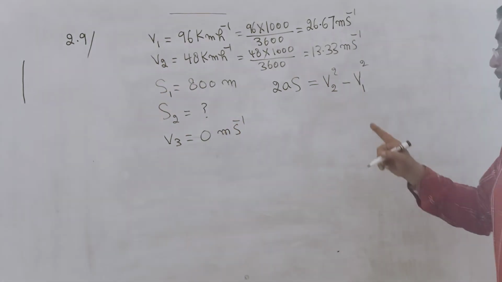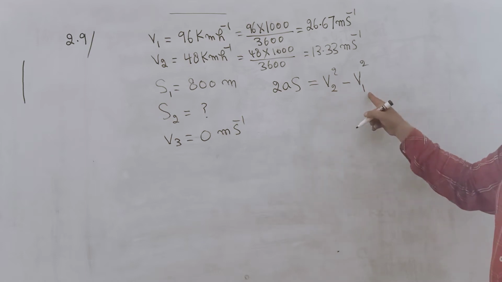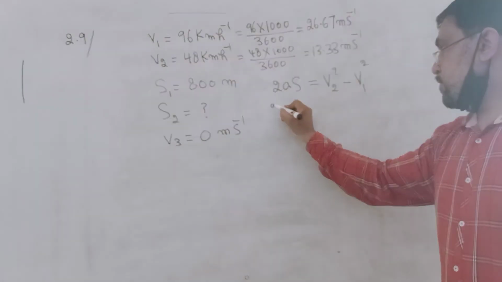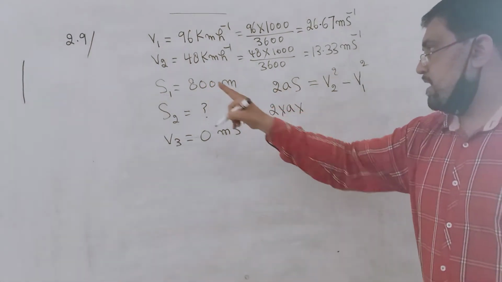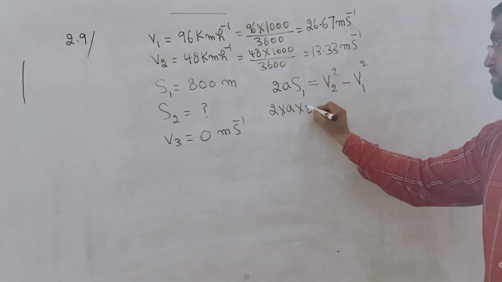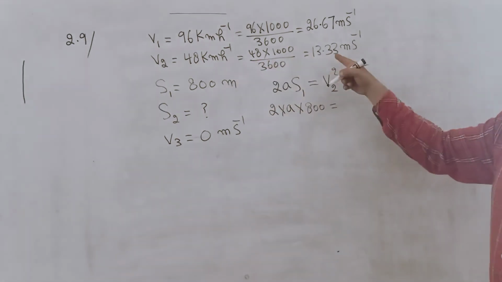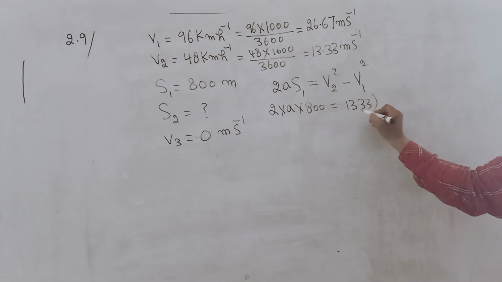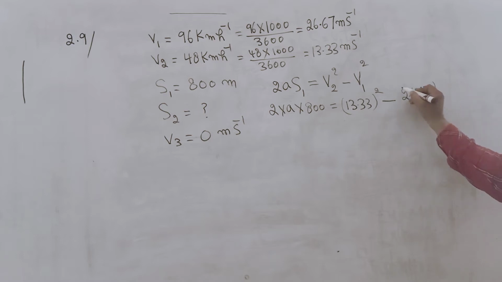So in place of Vf, we write V2, and in place of Vi, we write V1. Putting values, 2 into a into 800 is equal to 13.33 square minus 26.67 square.